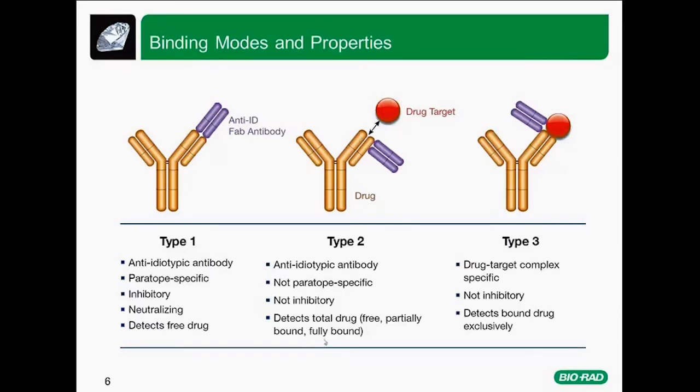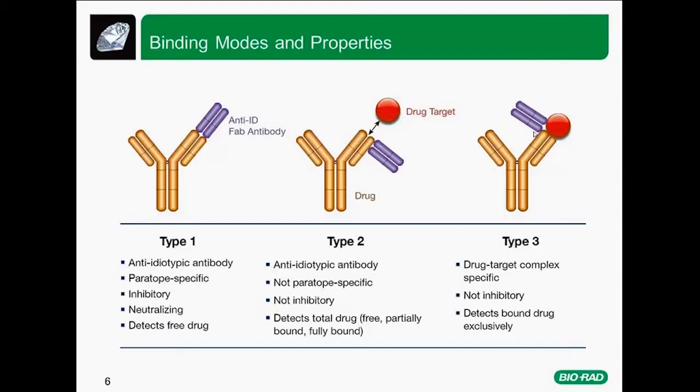And then we recently came up with a third type of anti-drug antibody, and this one is drug target complex specific. We call it type 3. It is not inhibitory, and it exclusively detects the bound drug.